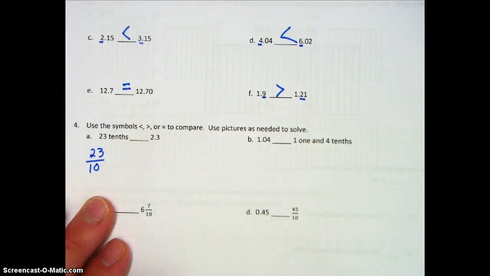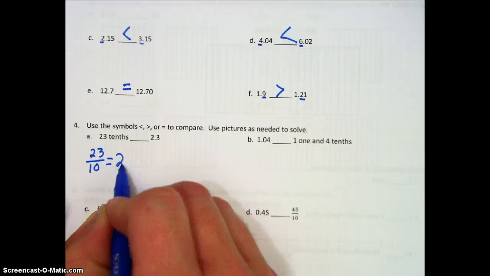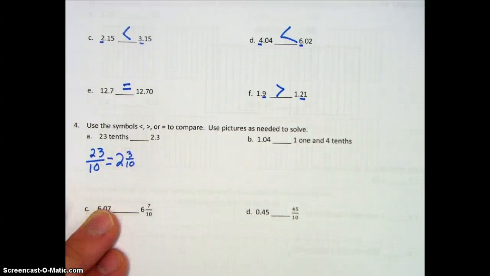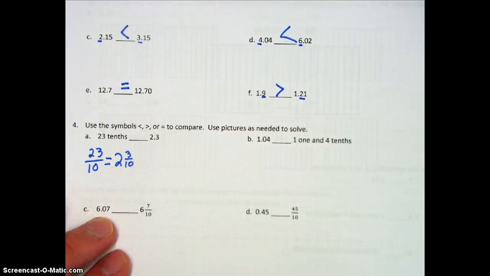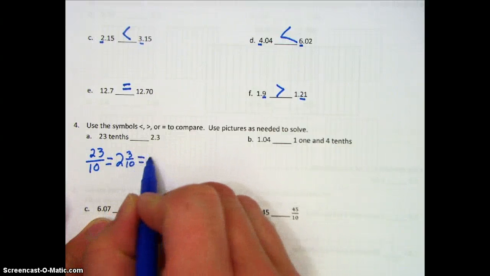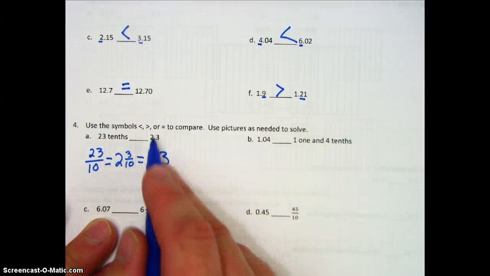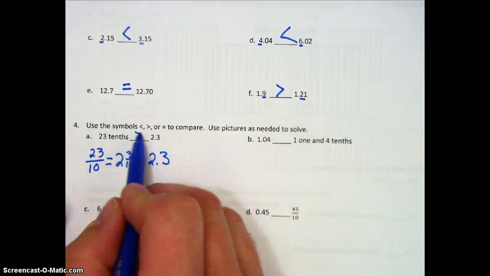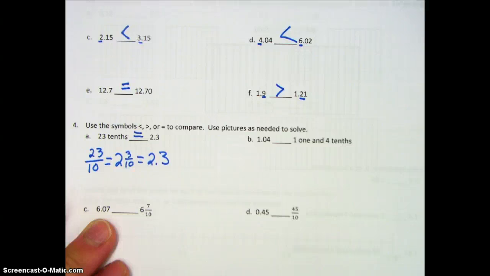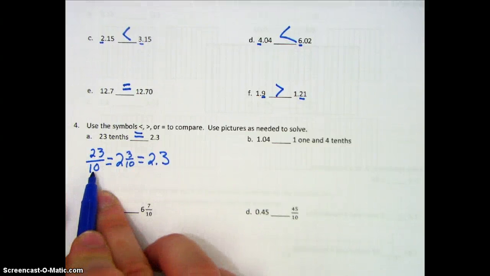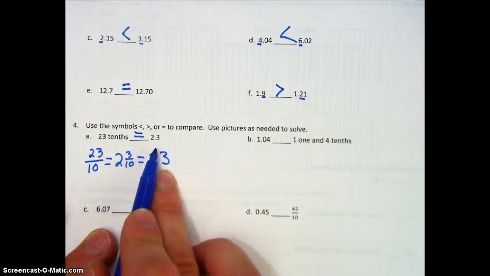Okay. Well, looking at that, I know that that is 2 and 3/10 as a mixed number. And then switching it over to a decimal, we can see that 2 and 3/10 looks like that. So now when we go to compare our numbers, we can see that they're equal.